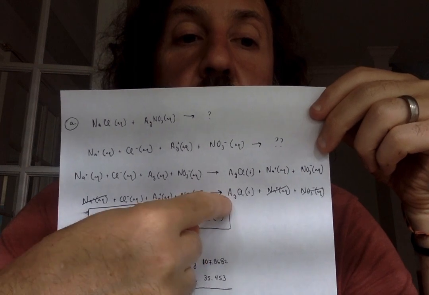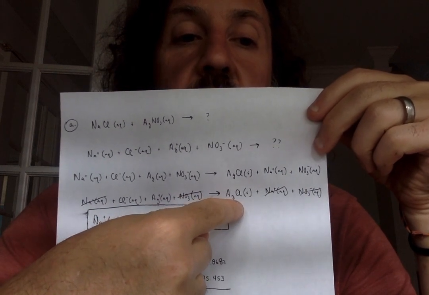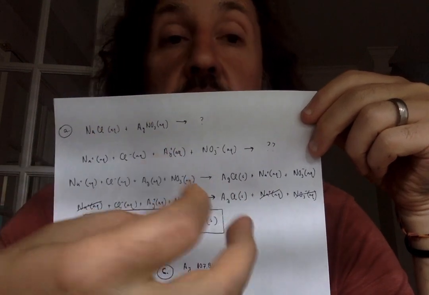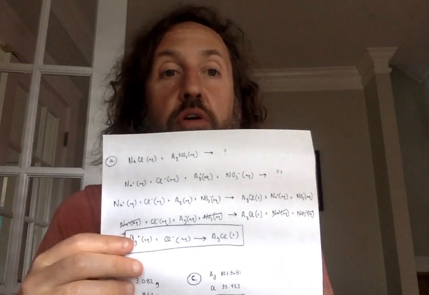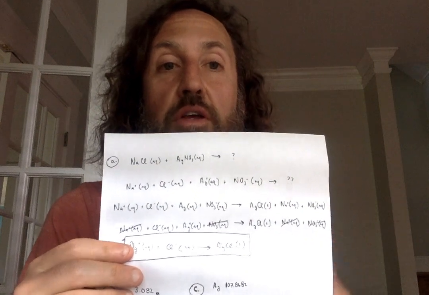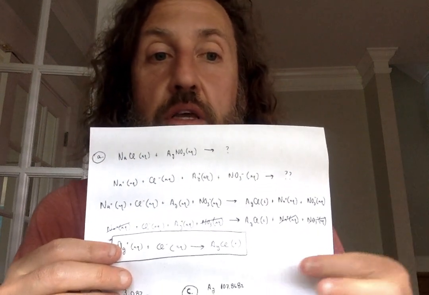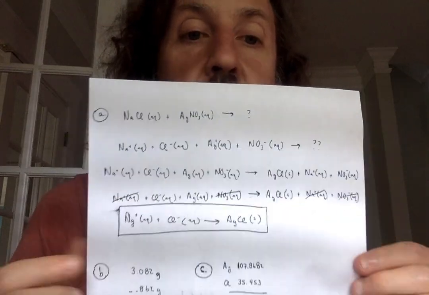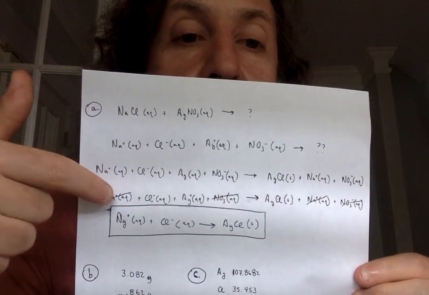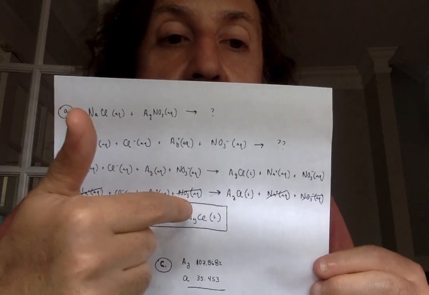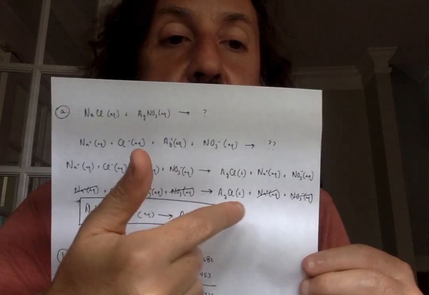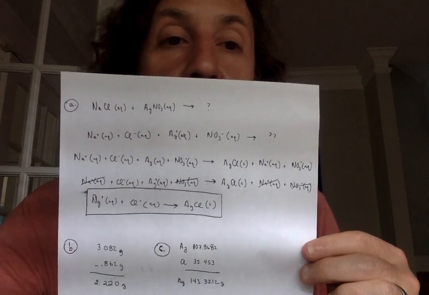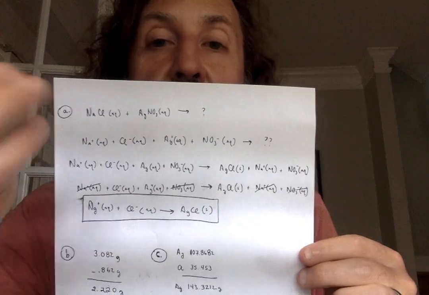And so you see here that on this end for a product, I draw that silver chloride together as a compound because it's no longer ions dissolved in water. It's going to be a precipitate formed right there. And so you'll notice that the sodium is the same on both sides, the nitrate is the same on both sides, and so I can cross them out because they've done really nothing in the reaction. They haven't reacted.